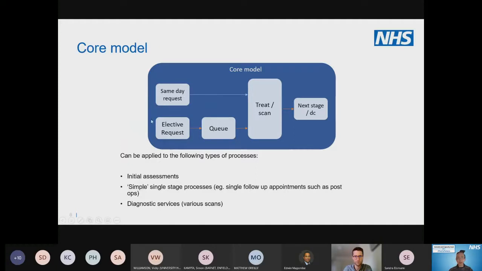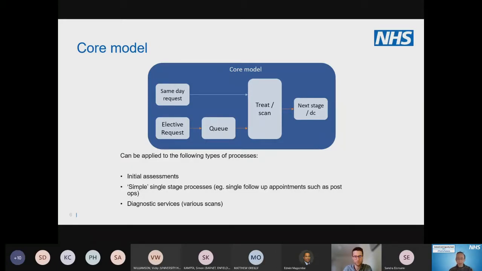You may also have simultaneously same-day requests, so unplanned activity that you might need to do. If they fall under the same capacity umbrella, so if they're all coming in for endoscopy, for example, then we can look at that almost as a parallel part of the demand. And the question that we can look at then is, do you have enough to support both streams coming in?